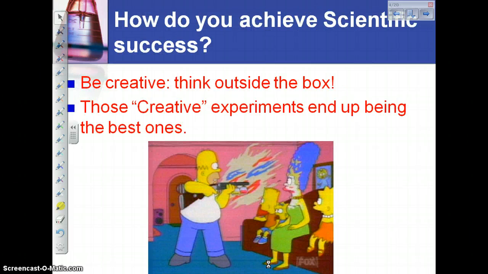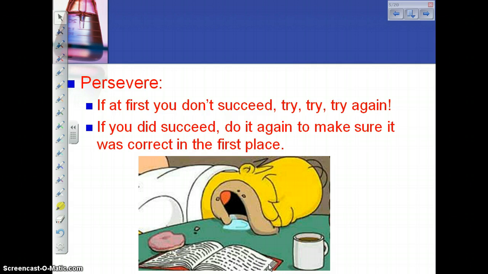Success as a scientist, or success of the scientific method, basically comes from being creative, setting up an experiment and thinking outside the box. Some of the most amazing experiments don't seem like something that would have been intuitive, but end up being wonderful because of how creative they were. In addition to that, you have to be very, very persistent.